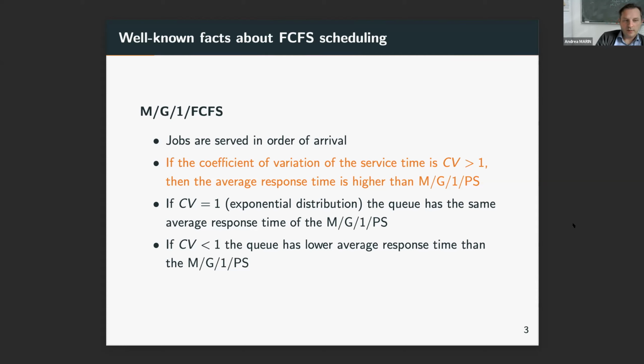The expected response time is exactly the same if the coefficient of variation is 1, while if it's lower than 1, the first come, first served discipline is better than the processor sharing.